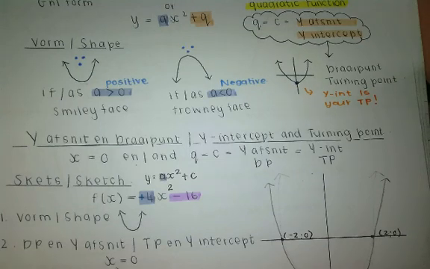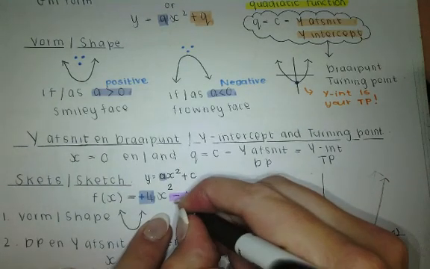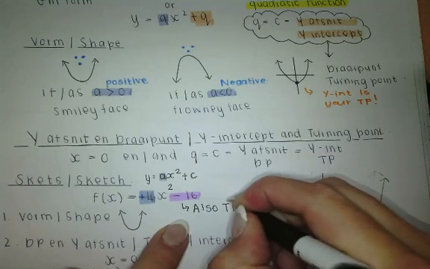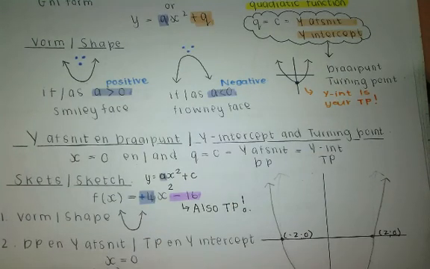Do you understand? We don't need to find a y-intercept by making x equal to 0. But this negative 16 is also my what? My turning point. Your y-intercept is your turning point in grade 10. Okay, do you understand?